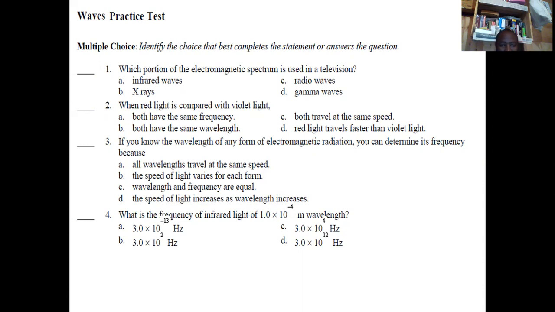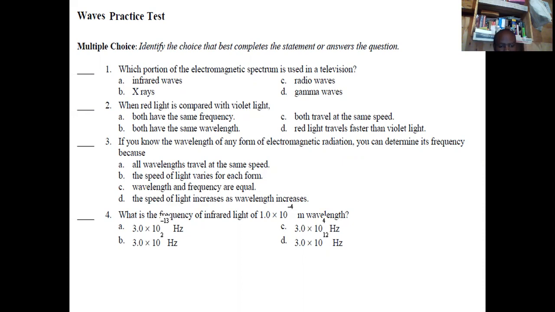Again, at your level, you should be able to answer that. If you know the wavelength of any form of electromagnetic radiation, you can determine its frequency because, again, you are given a multiple choice. You try to see if you can answer that.